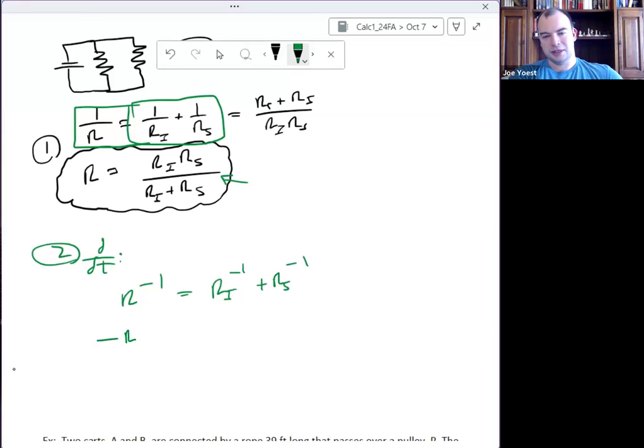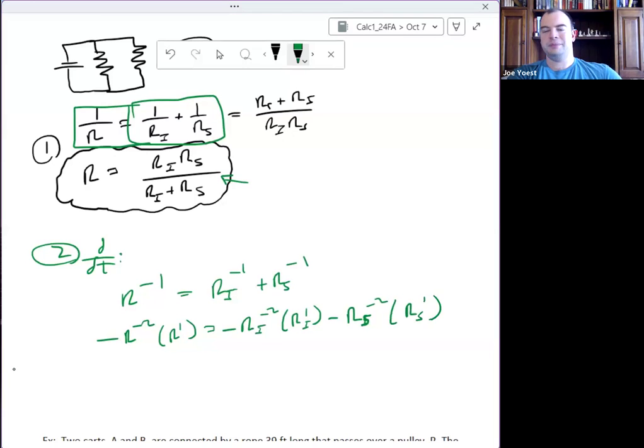So I get negative R to the negative 2 times R prime. And here R prime means dR by d big T, the rate of change of the resistance with respect to temperature, negative Ri to the negative 2 Ri prime minus Rs to the negative 2 Rs prime.